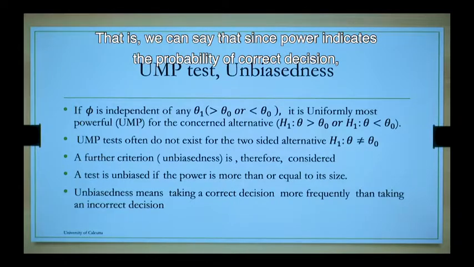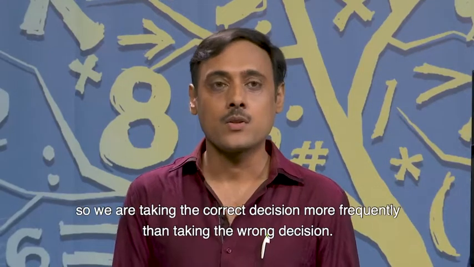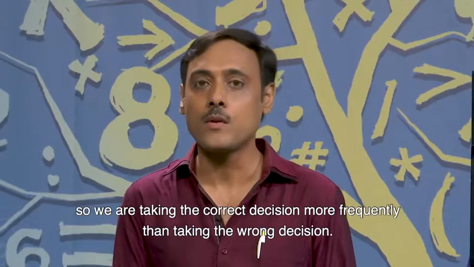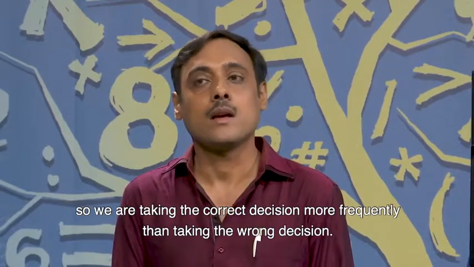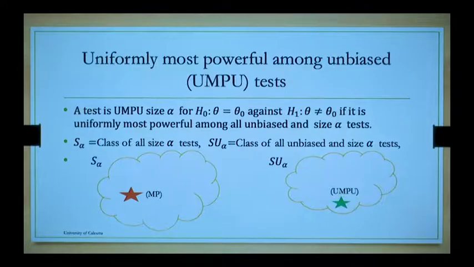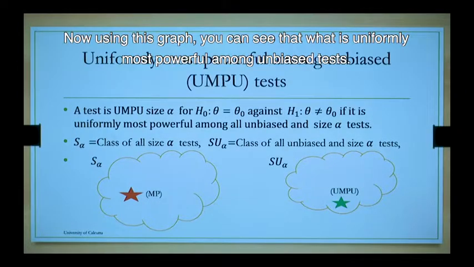That is, since power indicates the probability of correct decision, we are taking the correct decision more frequently than the wrong decision. Now, using this graph, you can see what is uniformly most powerful unbiased among unbiased tests.